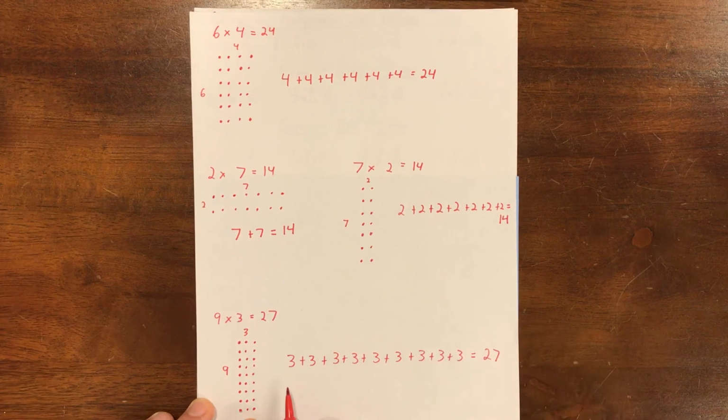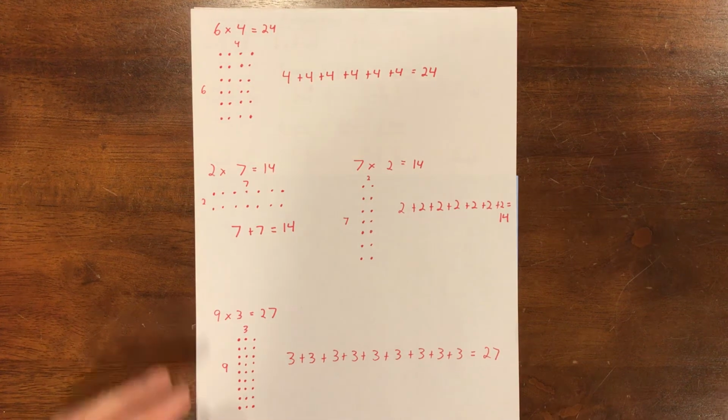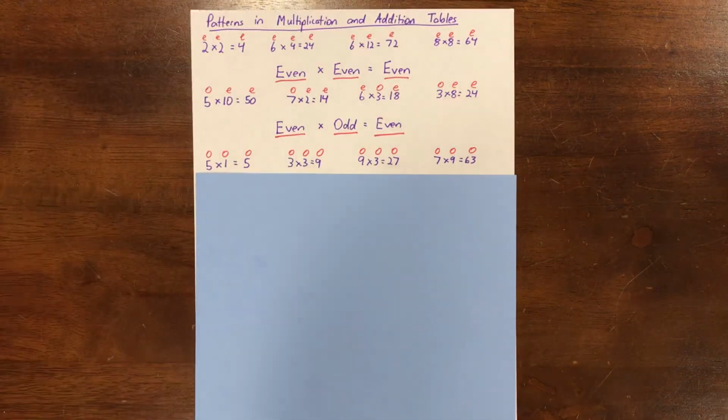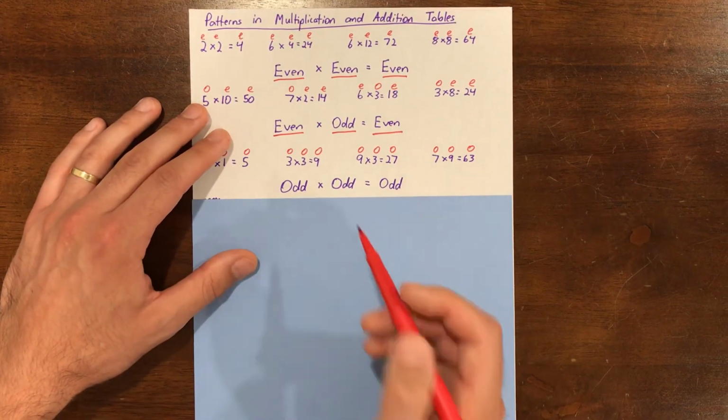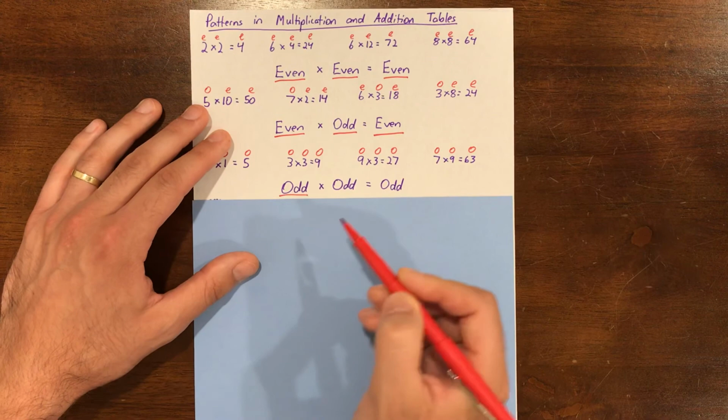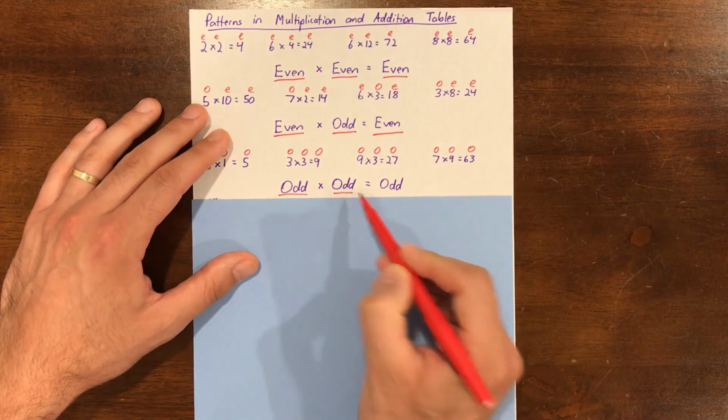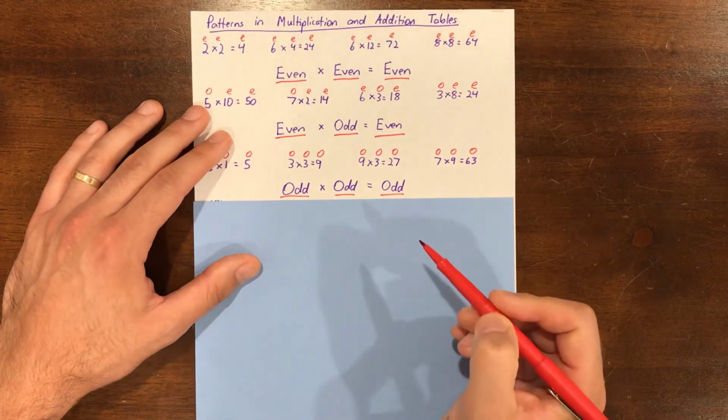We're adding an odd number of times. We get an odd number. So, if we have odd groups with an odd amount in each group, the total will always be odd. Read this with me. Get ready, go. Odd times odd equals odd.